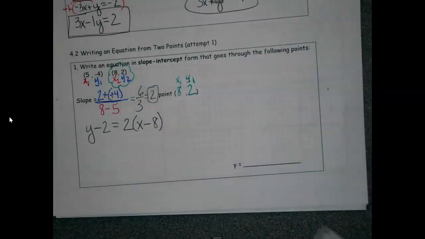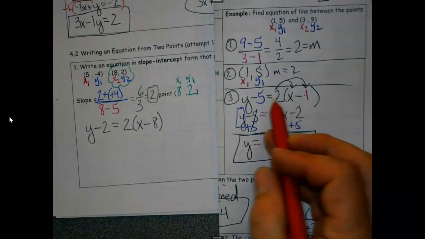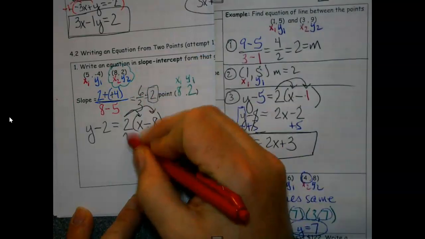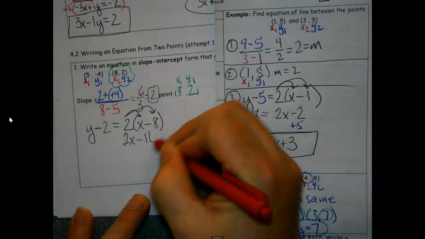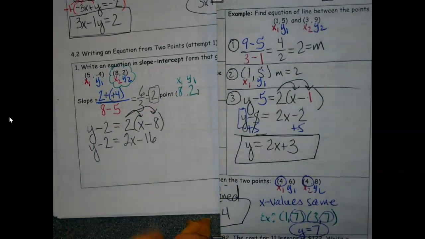And so if I want some extra assistance, now that I've got it set up and getting where I need to go, I've got my example ready to go. It says, okay, we got to distribute. So I multiply the 2 through.